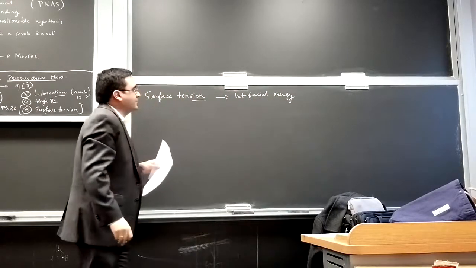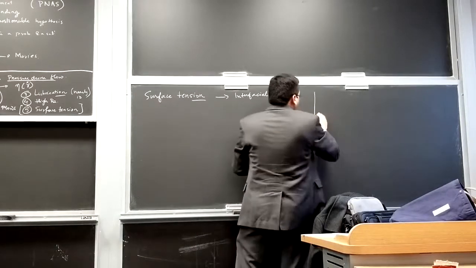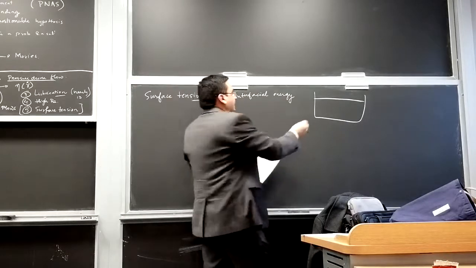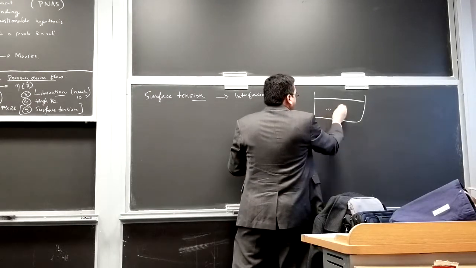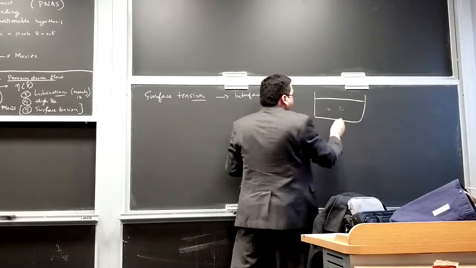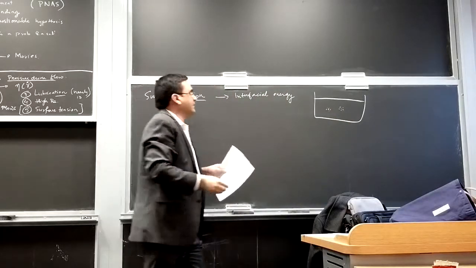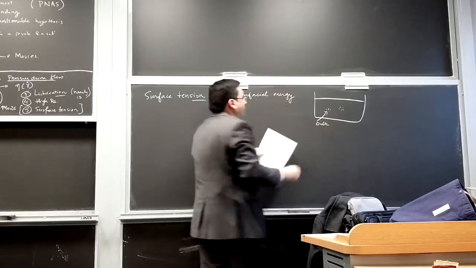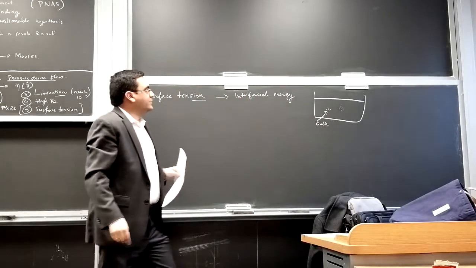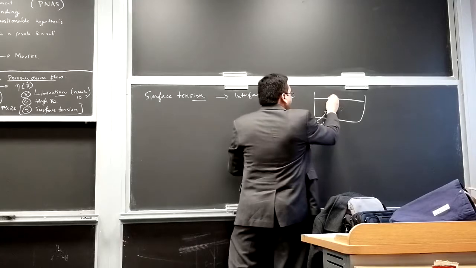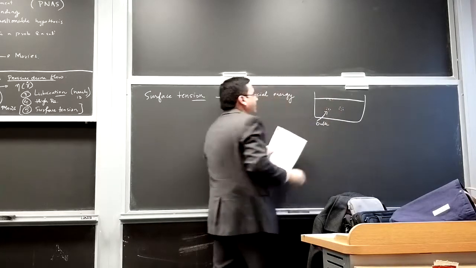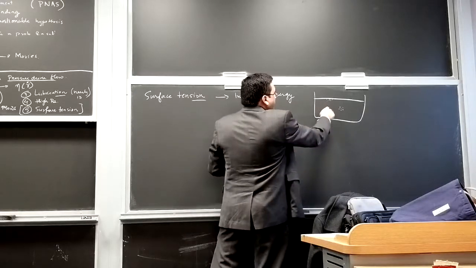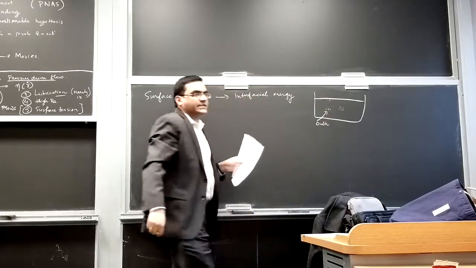what turns out to be the case is, if I look at any fluid, and if I look at the molecular picture of a fluid, as long as you have molecules within the bulk, they are surrounded by similar molecules in all directions. Compared to that, if you are a molecule at an interface, as soon as you come to an interface, you lose out on all these interactions on the other side.